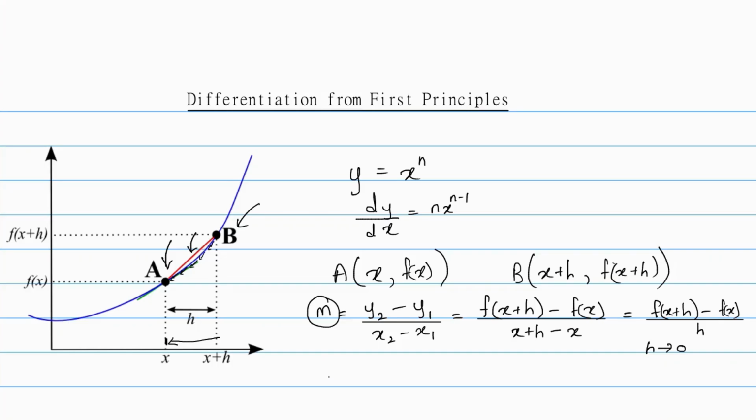f(x). So when h goes to 0, we can write that as m equals the limit as h goes to 0 of f(x plus h) minus f(x) divided by h.